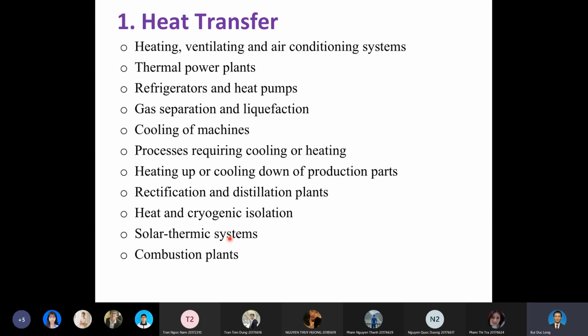Besides, you also can heat up the water, so you can use hot water for free.